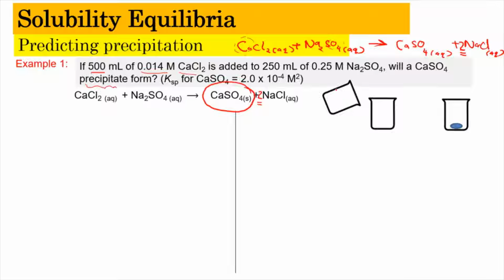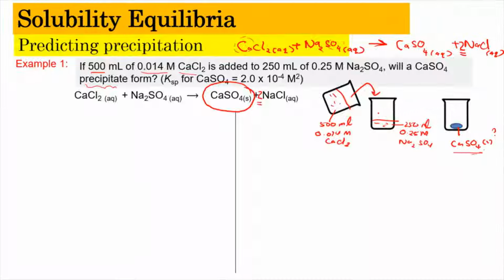So let's say if you have 500 ml of the 0.014 molar of the CaCl2 added to the 250 ml of the 0.25 molar of the Na2SO4, will the CaSO4 precipitate form or not?